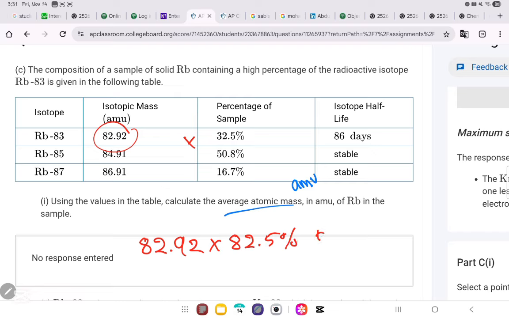Plus 84.91 times 50.8%. Plus 86.91 times 16.7%.